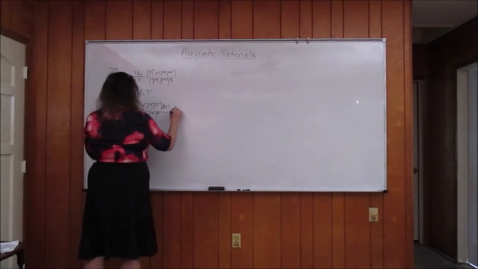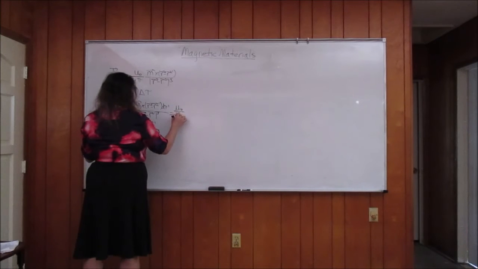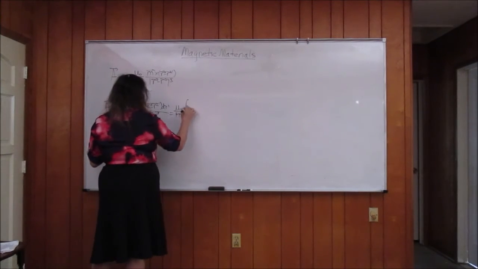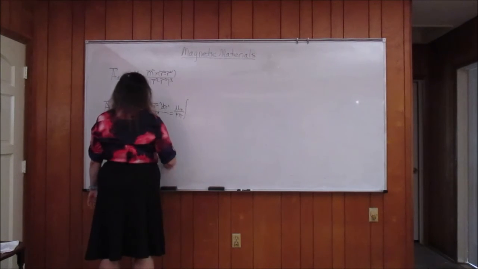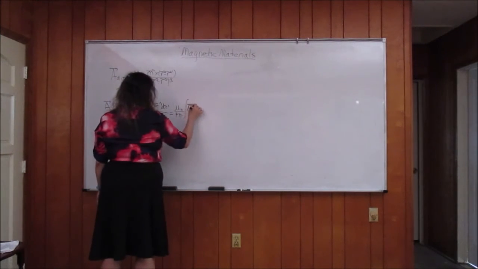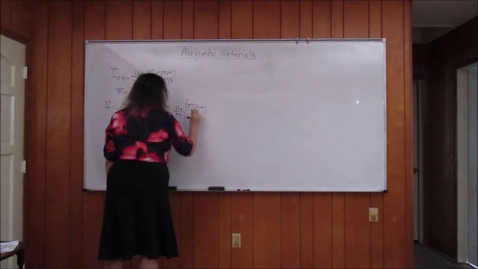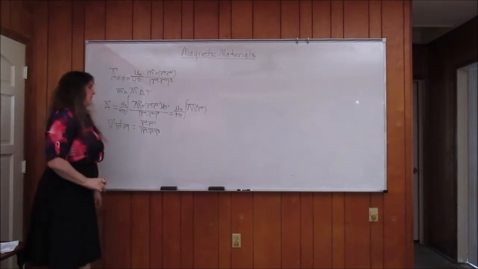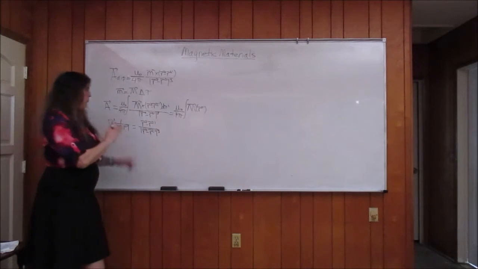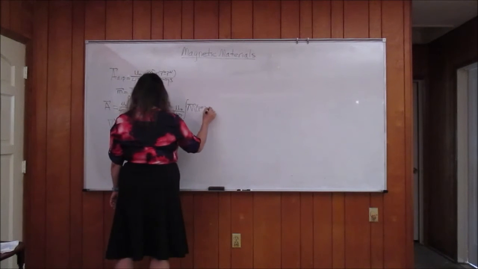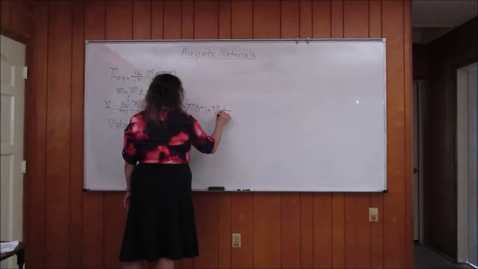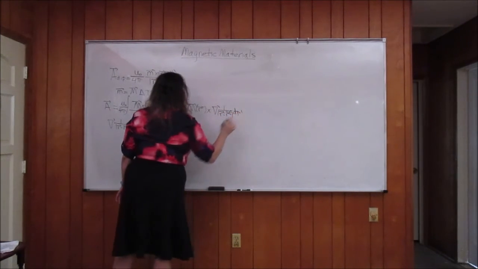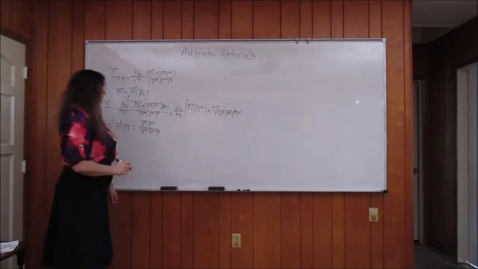But anyway, this is mu naught over 4 pi. And I'm going to write the dependence on prime coordinates so that it makes that explicit. And this is the cross product of gradient of 1 over the magnitude of r minus r prime and integrated over the volume of the magnetic material.